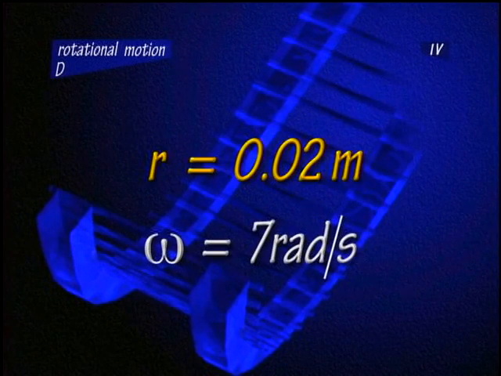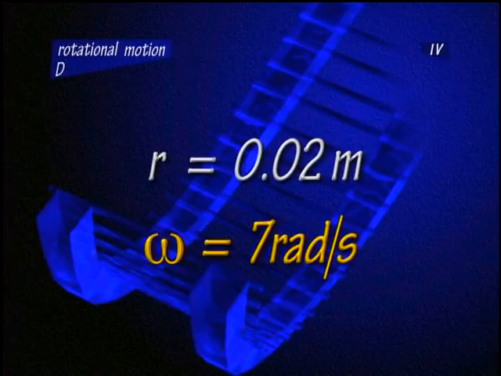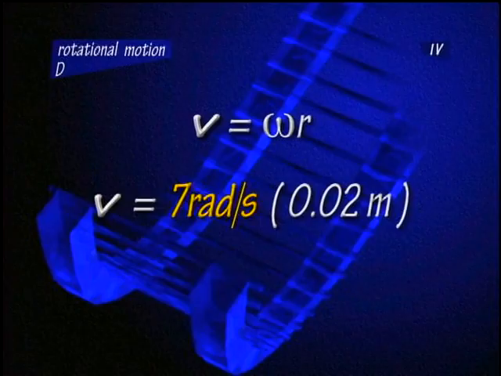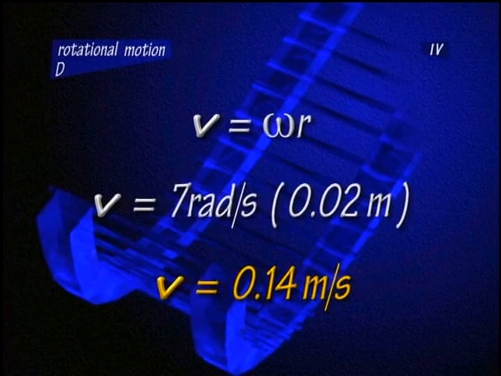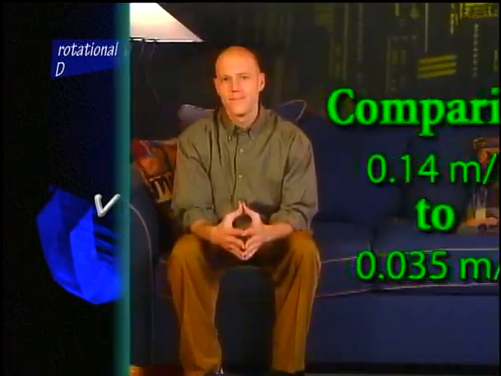Now compare that to a point that is farther away from the axis of rotation. Say there's a point that is 0.02 meters away from the axis of rotation, with the same angular velocity of 7 radians per second. The linear speed equals the angular velocity, 7 radians per second, times the radius of 0.02 meters. And we get that v equals 0.14 meters per second.